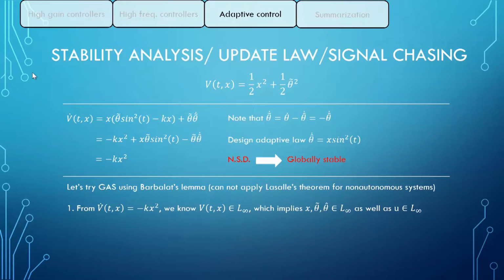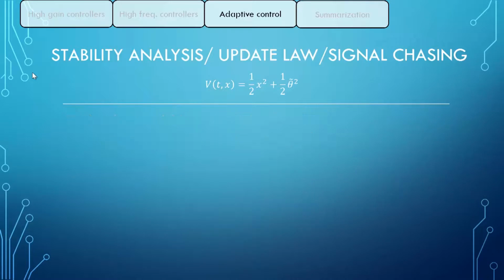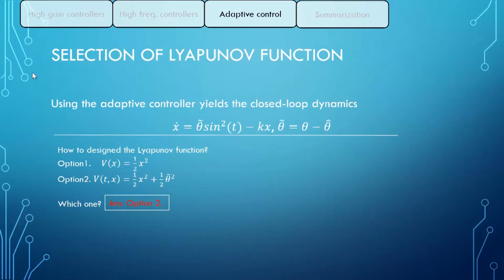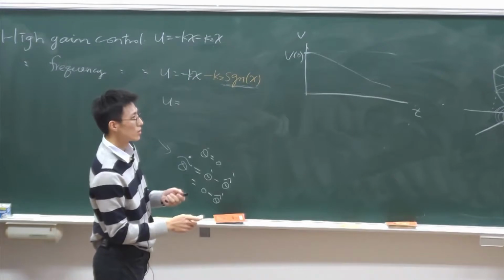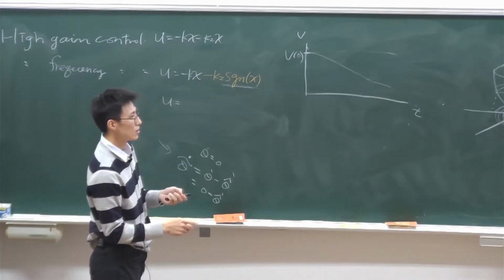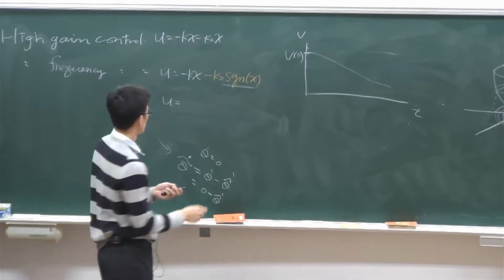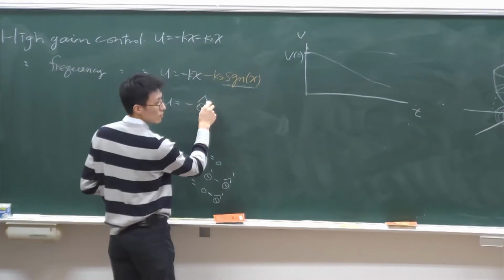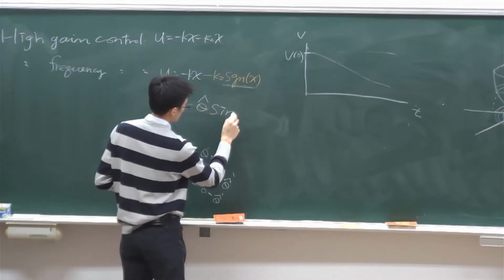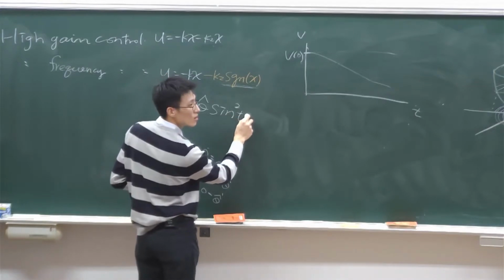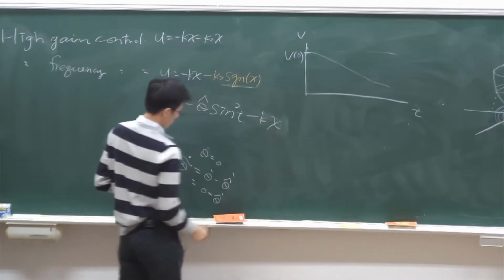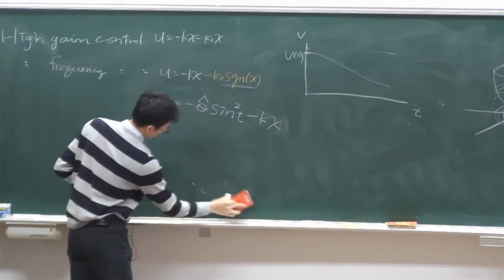And if these three variables are bounded, remember that the control will also be bounded, because control is what? Control is this. And we say what is bounded?